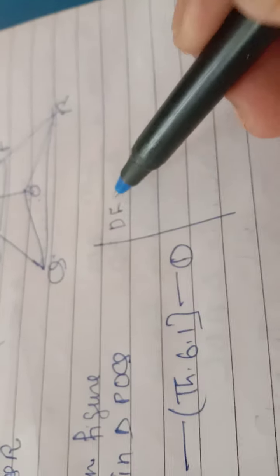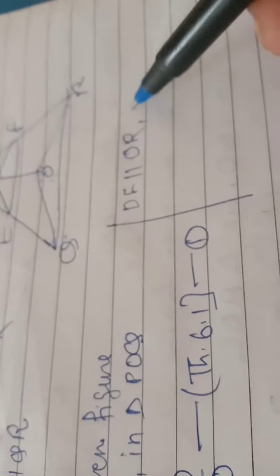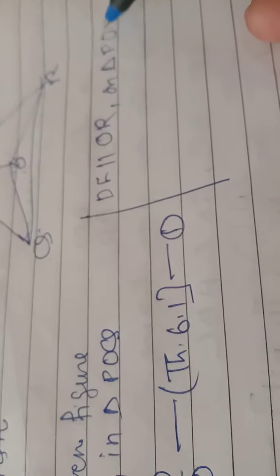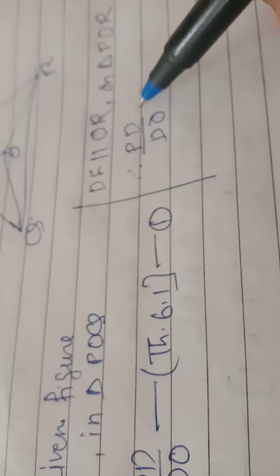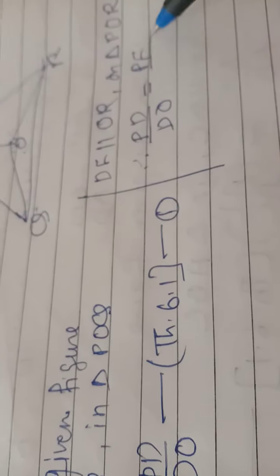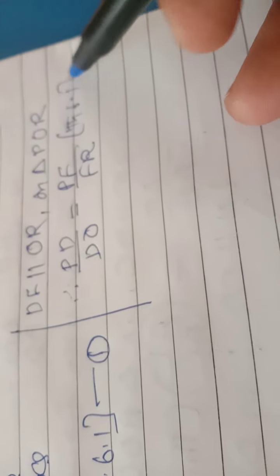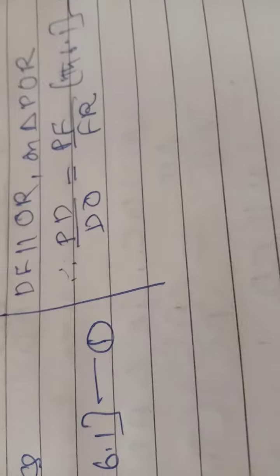Now similarly I will write DF parallel to OR in triangle POR. Therefore PD upon DO is equal to PF upon FR, theorem 6.1, equation number 2. What I will get from 1 and 2?